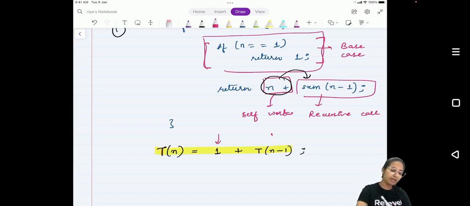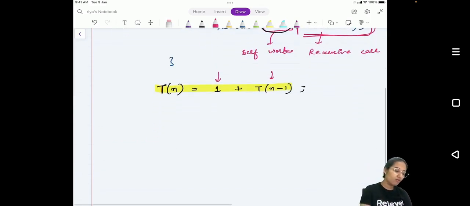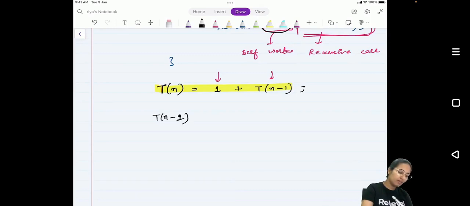We are doing a few constant operations, so that's why I have added a 1 for it. And the T of n minus 1 is because we are making a recursive call to the problem for n minus 1. Now with this, we can find the value of T of n minus 1 as well, substituting n with n minus 1, and that will give me 1 plus T of n minus 2.